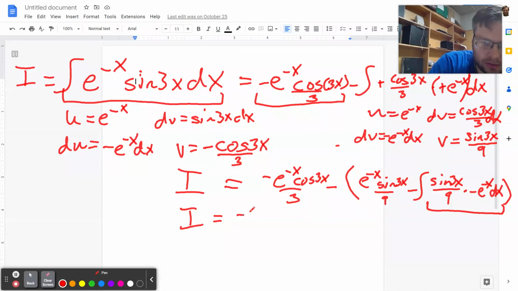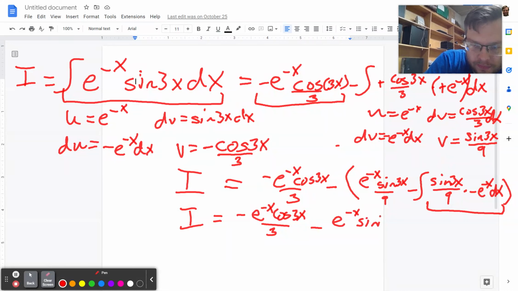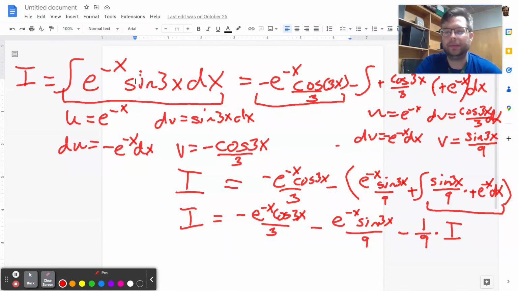I is equal to this part minus this part, and then here I had a minus and another minus, so when I distribute my negative I'll have a minus, and the 9 can be brought out in front. 1/9 times the original integral.